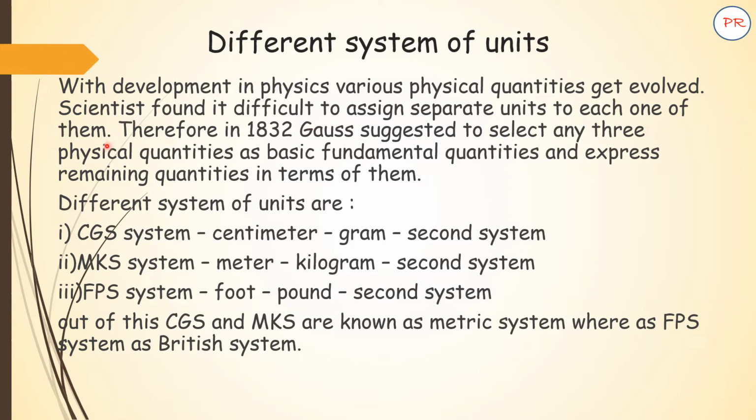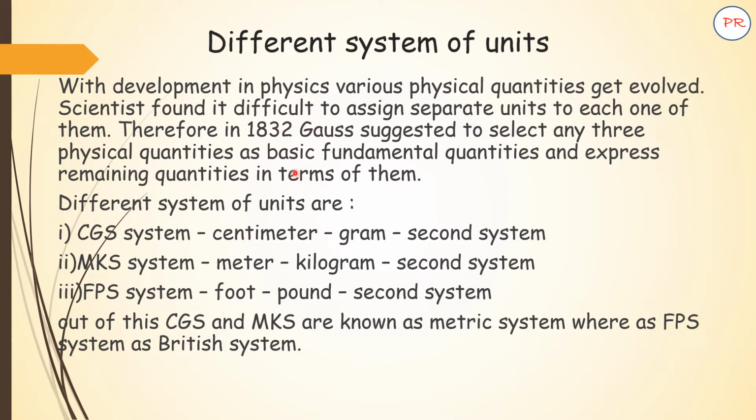At that time there was a scientist called Gauss. He came forward and suggested that let us select any three physical quantities as basic fundamental quantities and express the remaining quantities in terms of them. And therefore the system of units came into existence.